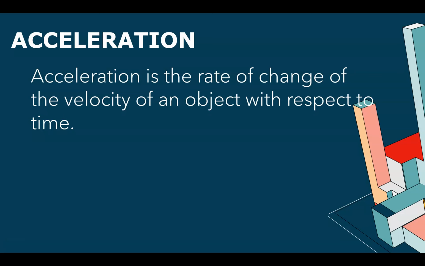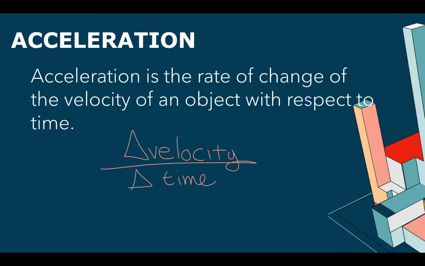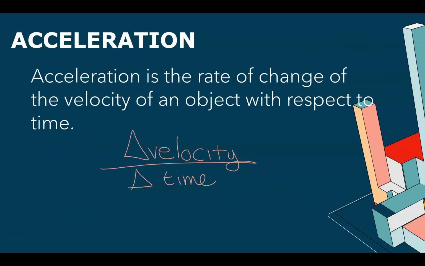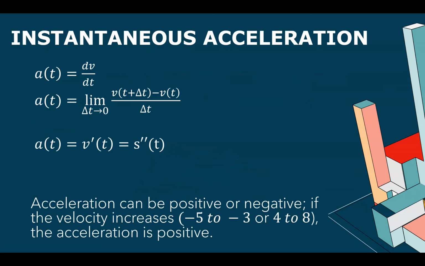Another definition, acceleration is simply rate of change of velocity of an object with respect to time. And so we can think of that as velocity minus velocity over time minus time, much like velocity is a change in position over a change in time.